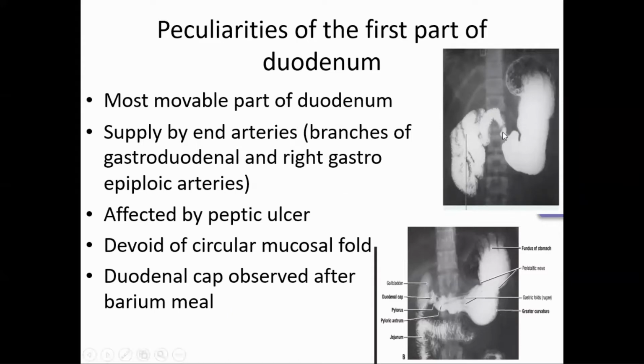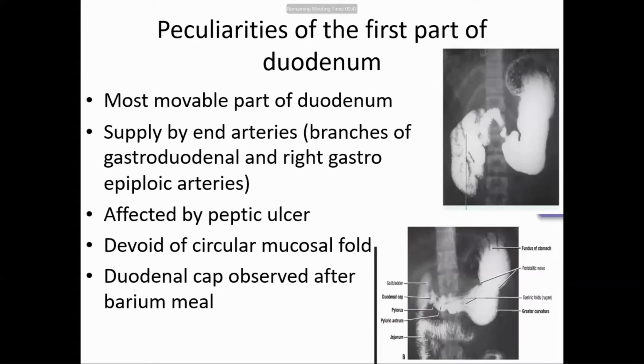If it is distorted, the patient may be suffering from a duodenal ulcer or carcinoma of the duodenum. See, in the normal anatomy of the duodenum, this duodenal cap is present. Clear? Peculiarities of the first part of the duodenum: what are they? It behaves more like a stomach than the duodenum.